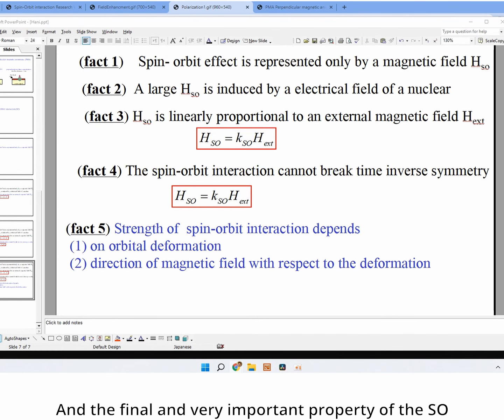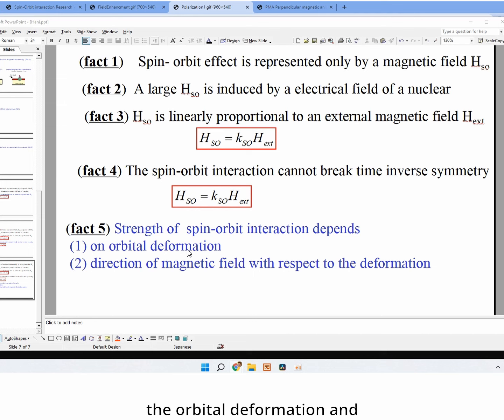And the final and very important property of spin-orbit interaction is that the strength of the spin-orbit interaction depends on the orbital deformation. Additionally, the SO strength depends on the direction of the magnetic field with respect to that deformation.